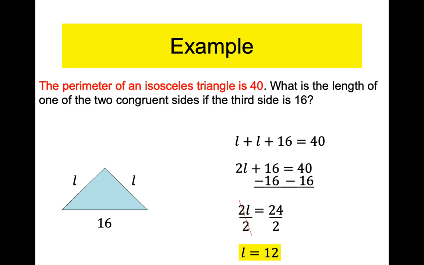After reading it, you draw a picture. Then you make an equation. Then you solve the equation, and you're done. Your steps: read, draw, write, solve. I guess a fifth one would be answer the question, as always.